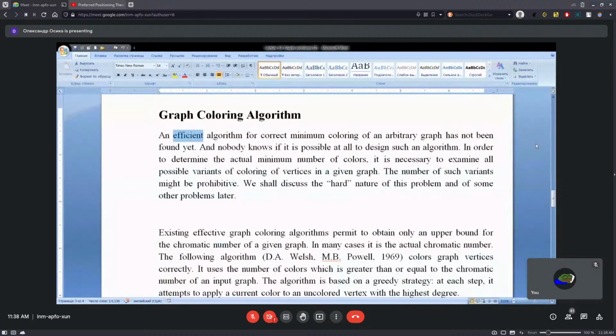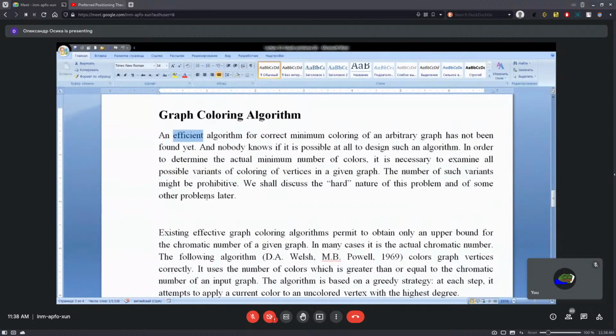N factorial steps, if there are no restrictions on the type of the algorithm. If we impose restrictions on the type of the graph, then it may be faster. But we want to find it in the general case.